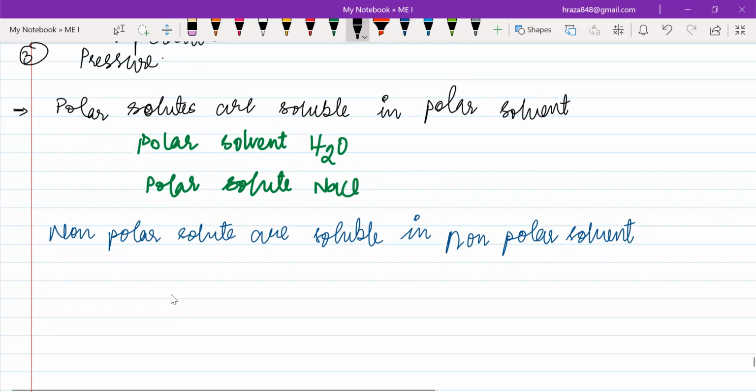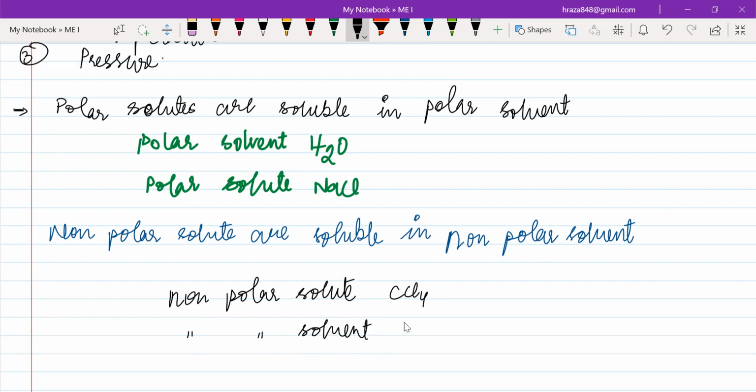For example, non-polar solute, you can take CCl4, and non-polar solvent, you can take CCl4 as well. So this is also the criteria or principle of solubility, that like dissolves like. Please do write it.